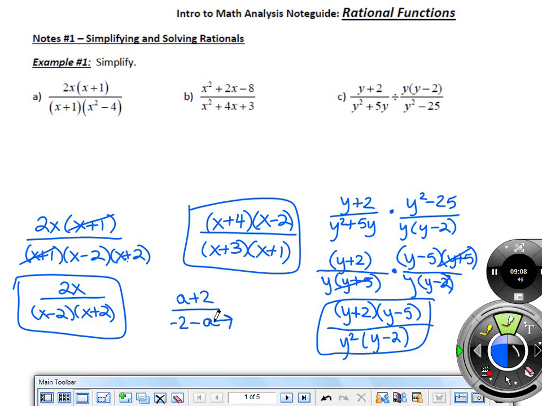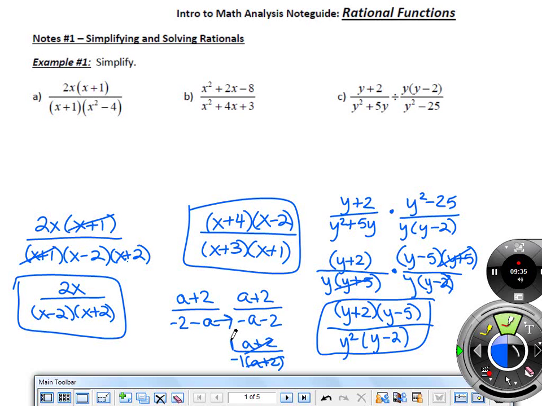So the a is negative and the 2 is negative, so I would rewrite it as negative a minus 2. Then if I pulled a negative 1 out of that denominator, I would see that those cancel. And so really all I would have left here is negative 1. So it's definitely an idea and a thing that we've used before. It just wouldn't work in this situation because the y would then be negative.